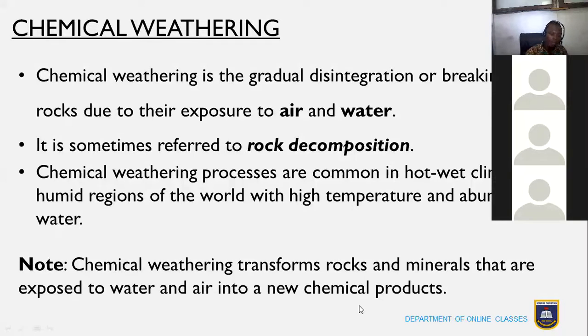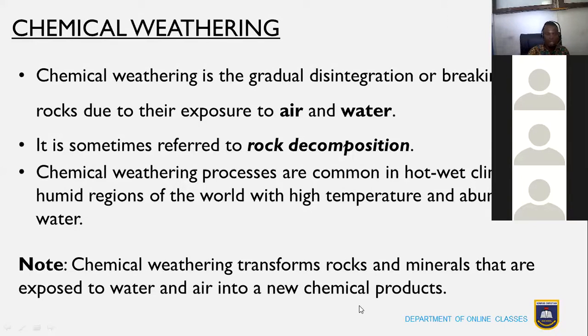But when we are experiencing a chemical weathering process, the entire structure of the rock, the minerals present in the rock, as they are exposed to water and air, change into what? An entirely new chemical product. So that is the point I want you to note here.